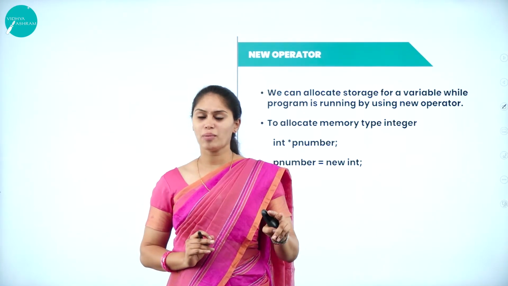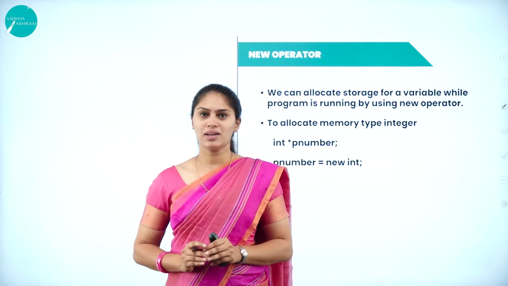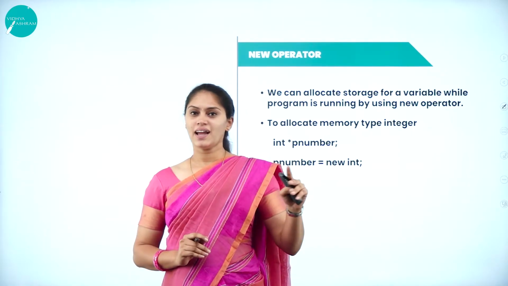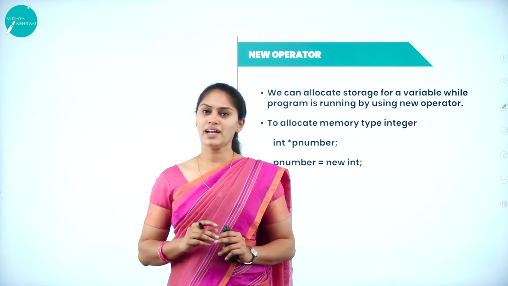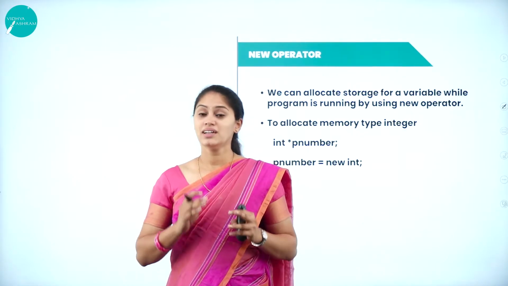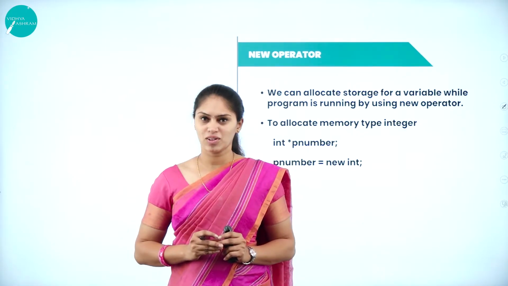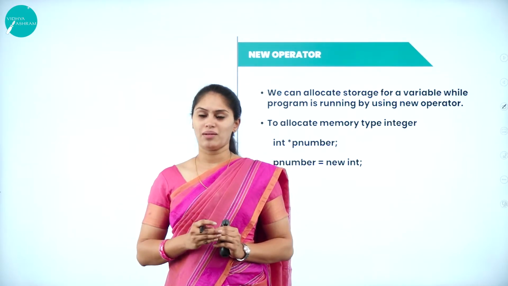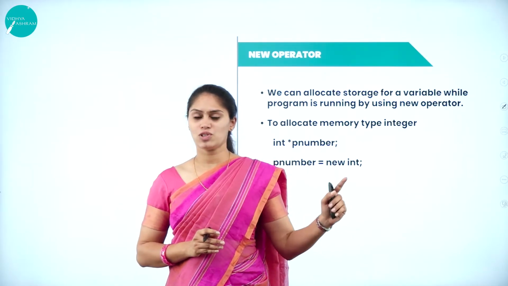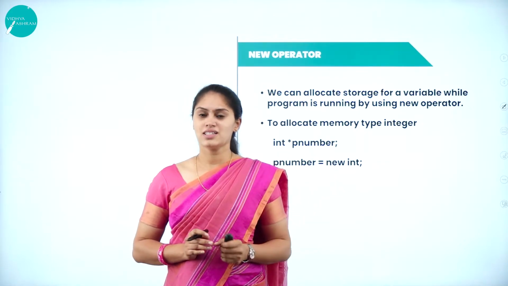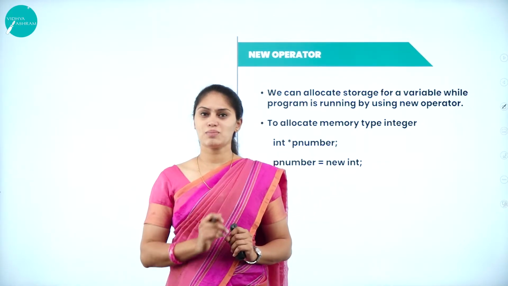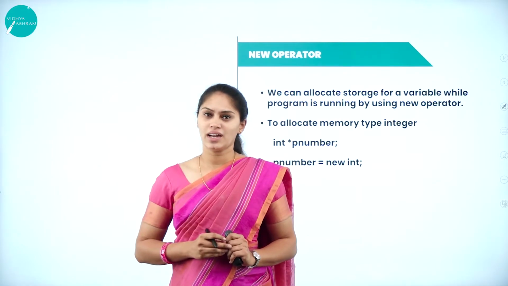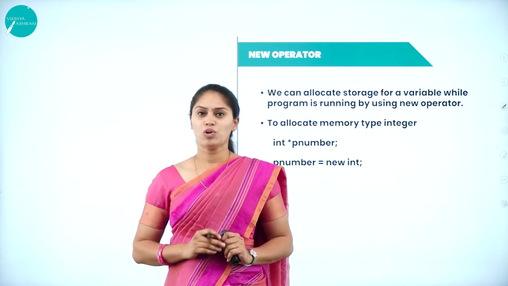So the two operators I am going to work with for dynamic allocation of memory are new and delete. New allocates some memory space during the runtime or execution of a program. The delete operator is used to deallocate the memory space which was already allocated by the new operator.